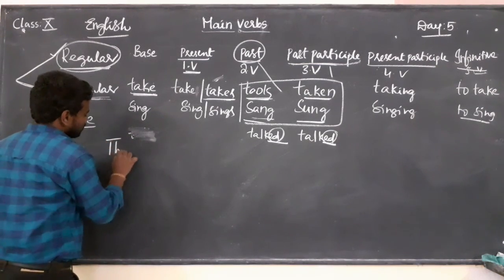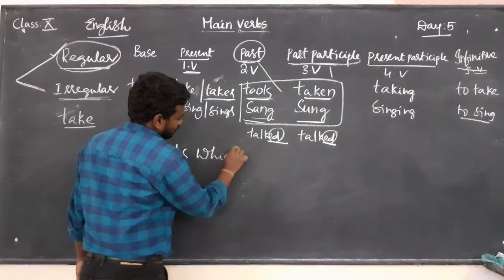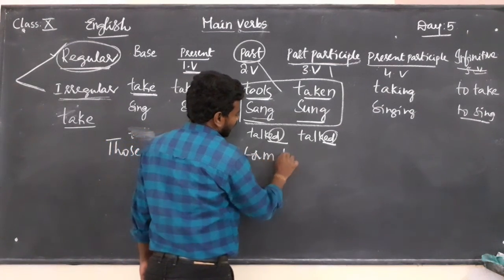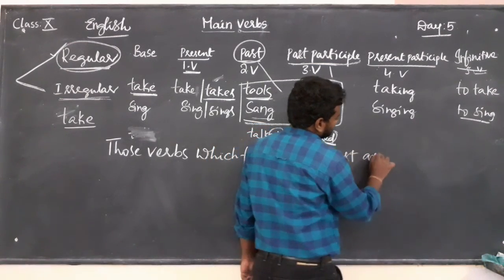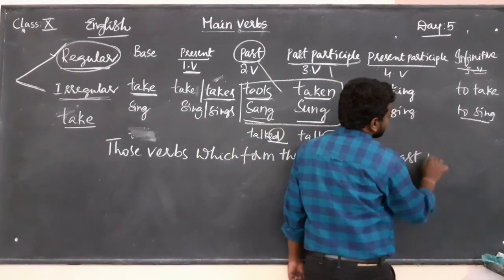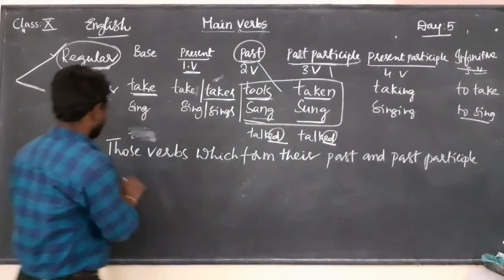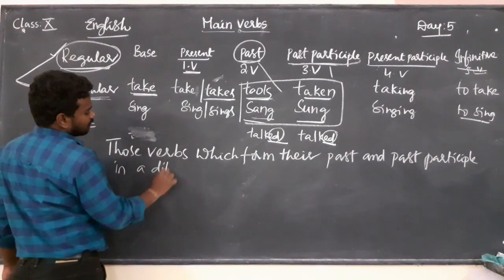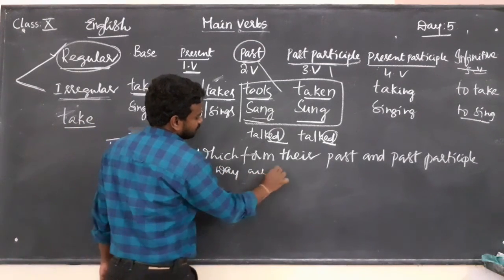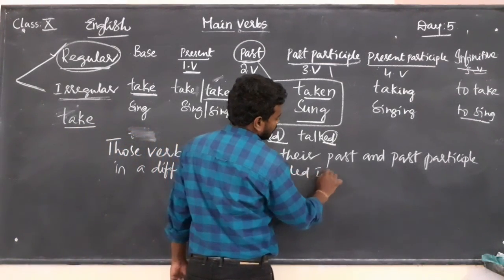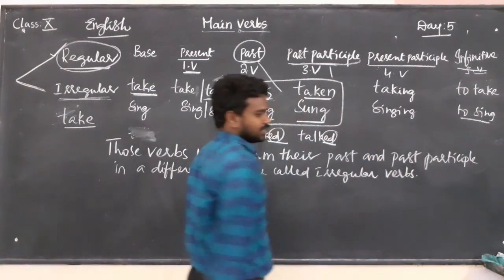So those verbs which form their past and past participle in a different way are called irregular verbs.